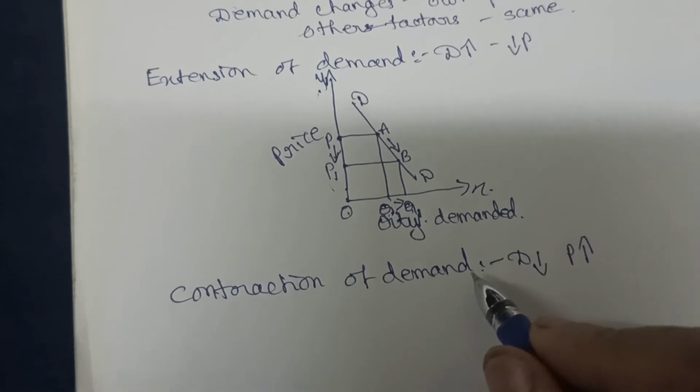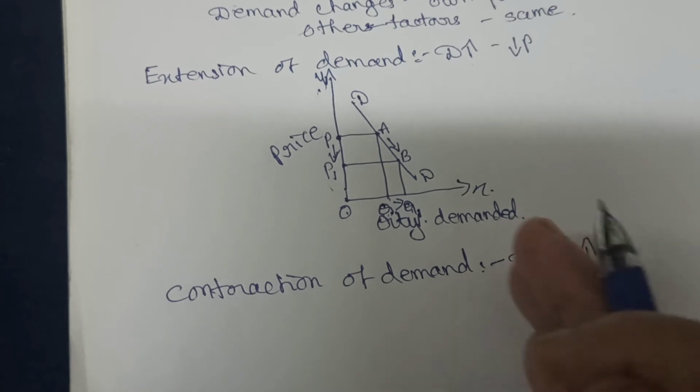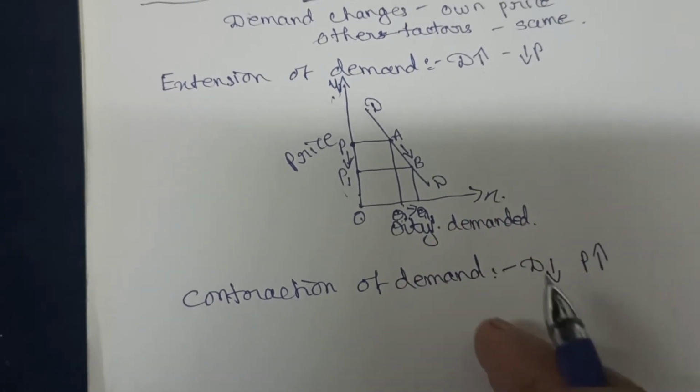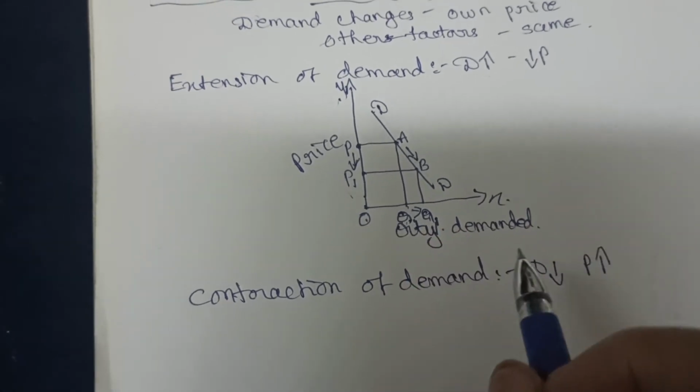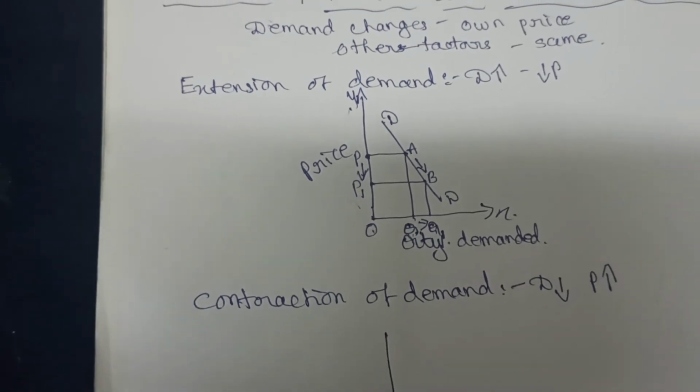It refers to what? Movement on the same demand curve from right to left, or an upward movement on the same demand curve. You have to show this with the help of a diagram.